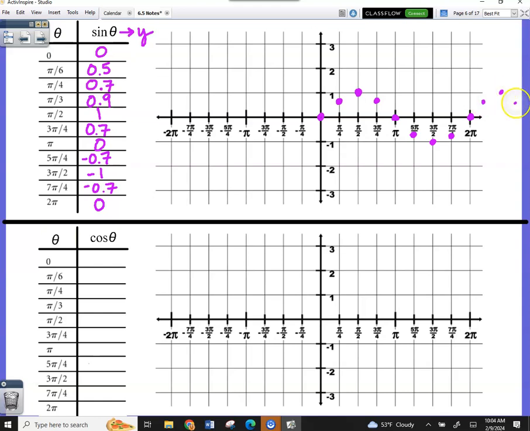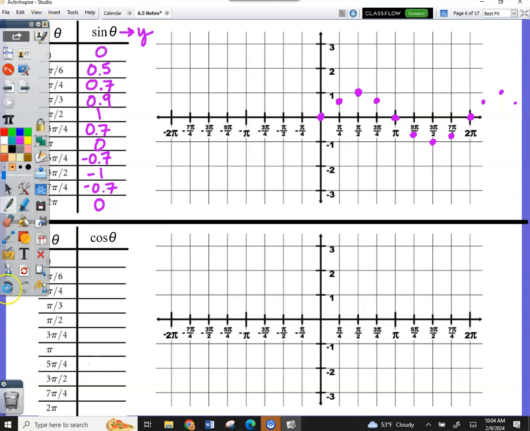It ran 2 pi, and the vocab word is period.